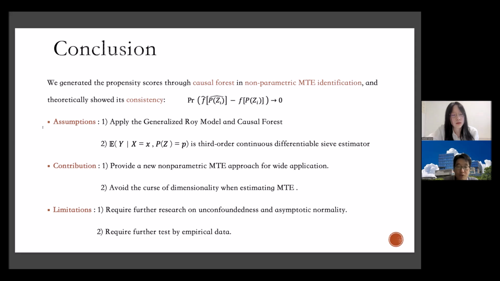So you show your new estimator has a benefit in terms of consistency, and then you already said you need to check other properties. But what is your gut feeling? Do you think that your estimator will also have an advantage relative to other existing estimators regarding asymptotic normality and so on? Do you have any idea of how it goes in other dimensions?